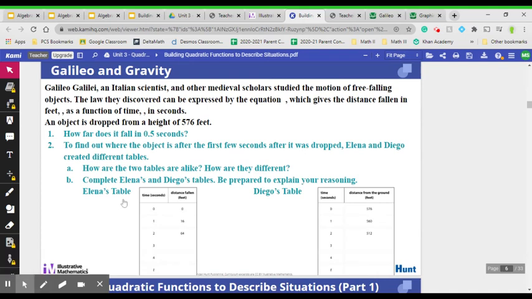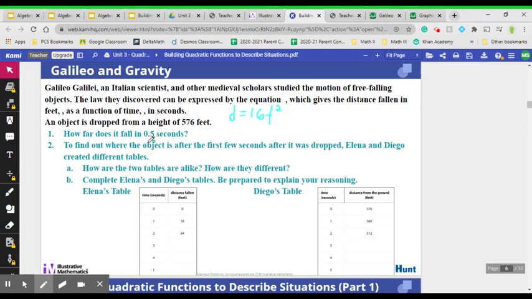In our next part of this section, we are thinking about a famous Italian scientist named Galileo Galilei, and he worked with other medieval scholars to study the free falling motion of objects. In our last slide, we said that distance d can be given by 16 times the time squared.